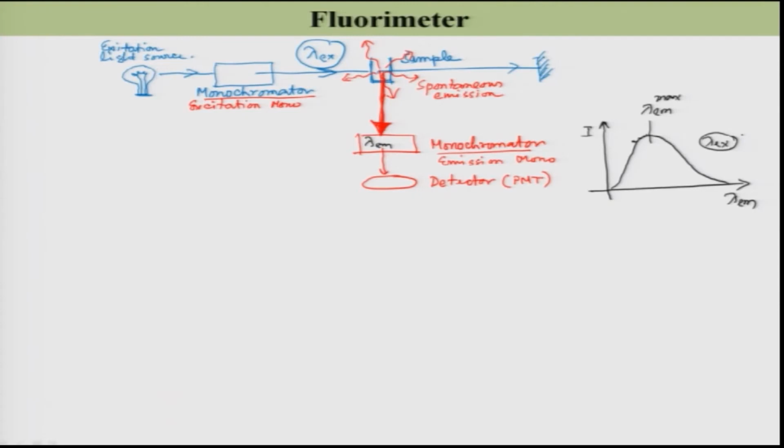The first problem being that none of these devices in this fluorimeter are ideal. That means the light source, the monochromator and detector. Only 3 devices I have talked about, but they are not ideal.